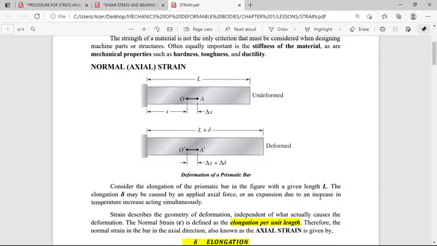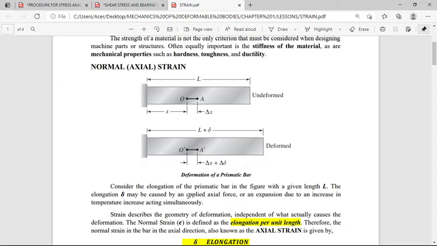May typographical error lang ng konti, pero neglect nyo na lang. Kasi matagal ko na rin itinipe to. Maaring ang ibig sabihin niya dito ay mabilis na pag-angat ng pagbabago ng temperatura na nag-act simultaneously. Yun daw yung ibang causes ng elongation.